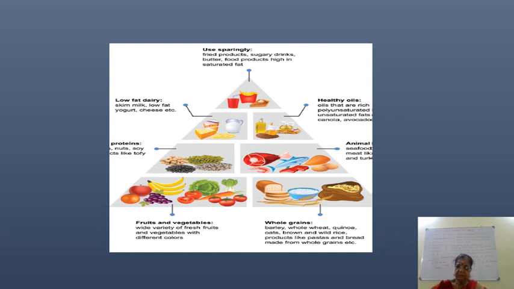Okay, இதே மாதிரி கேரளால புட்டு சாப்பிடுவாங்க, அதுவும் is a type of balanced diet.